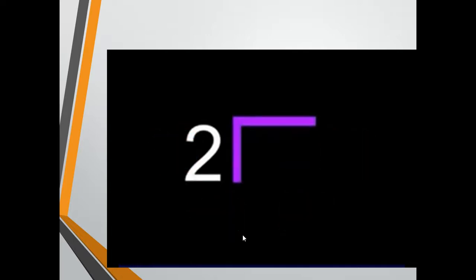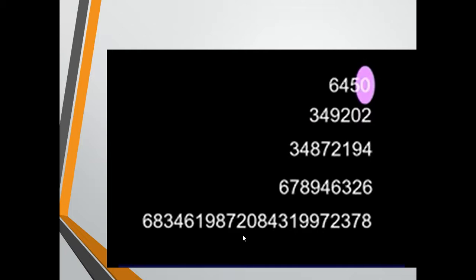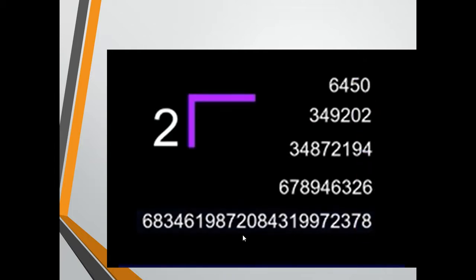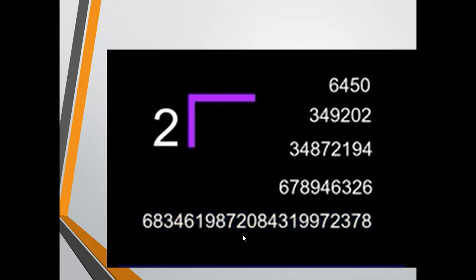Numbers like 10, 20, 30, 40, and 50 all end in 0, so they are divisible by 2. In fact, any number that ends in 0, 2, 4, 6, or 8 is divisible by 2, no matter how big the number is. All you need to know is the last number. If the last number is divisible by 2, then you know 2 goes into the entire number.